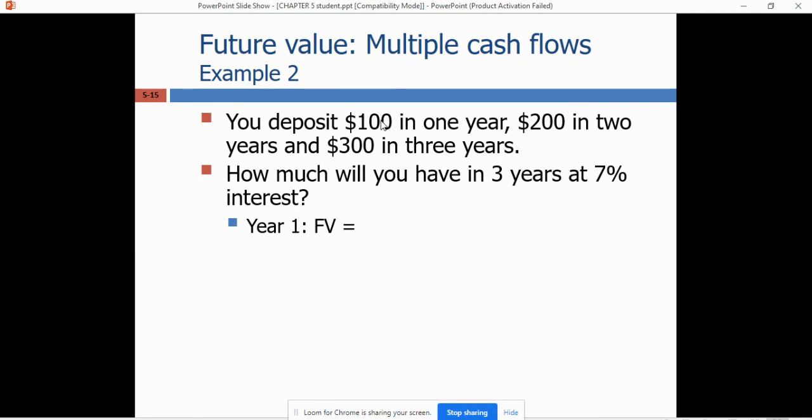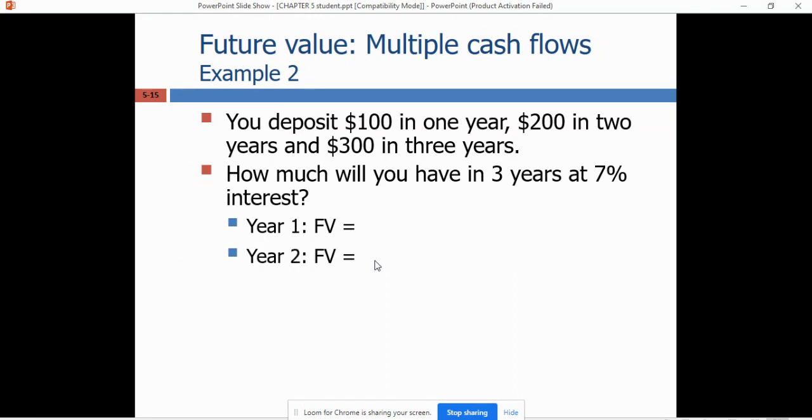The first year, you have 2 more years for it to compound, because you are investing in year 1. The question never says you already have 100, that means year 0. So when you say year 1, that means we're talking about the end of the year. So you only have 2 more years of compounding. So 100 times 1.07 power of 2, you get 114.49.